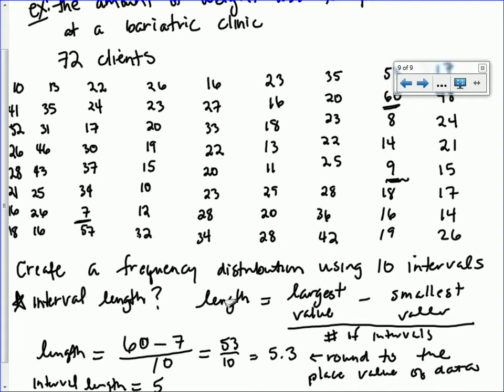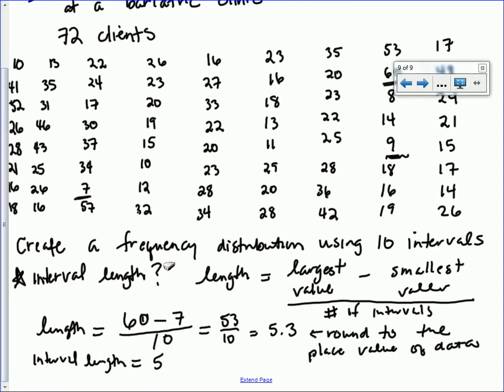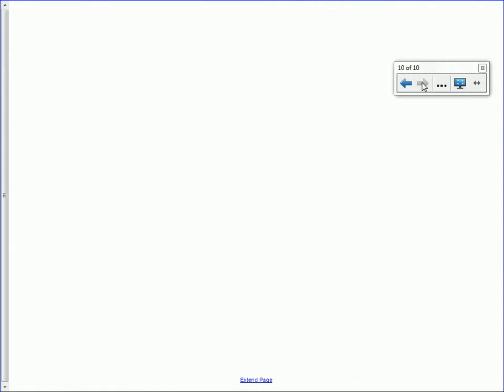Once I know my interval length is 5, I can construct my frequency distribution and then again my histogram. So I'm going to make a big chart where these are my score intervals. Those are my score intervals. I then have my frequency.